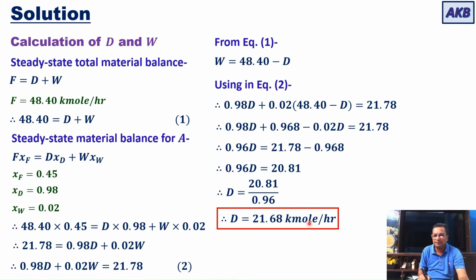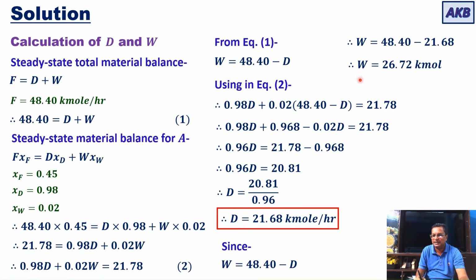Once you get D, you can use the equation for W to get its value. Since W is 48.40 minus D, and D we just got, W will be 48.40 minus 21.68. That is, W comes out to be 26.72 kilomole per hour.